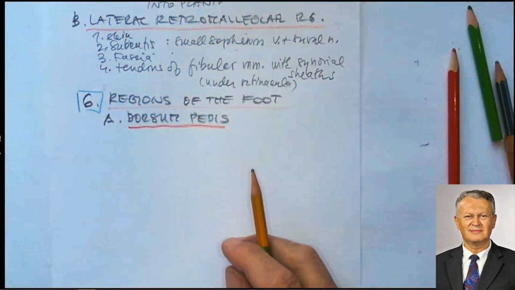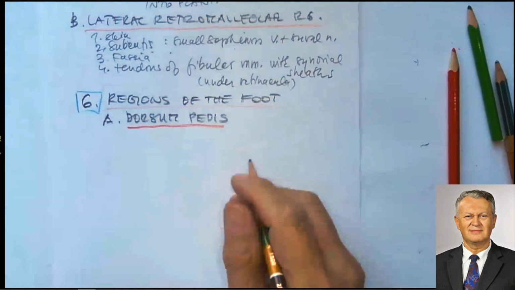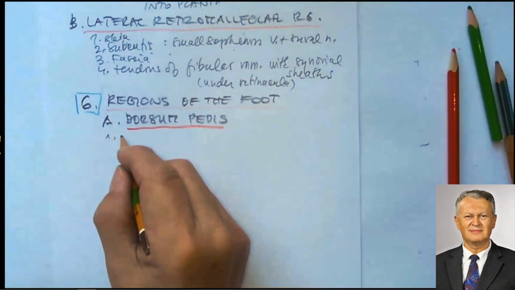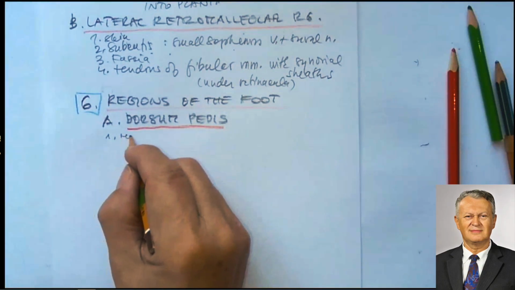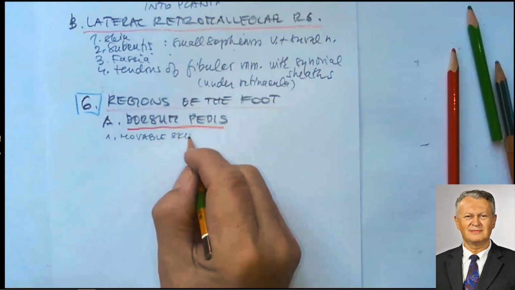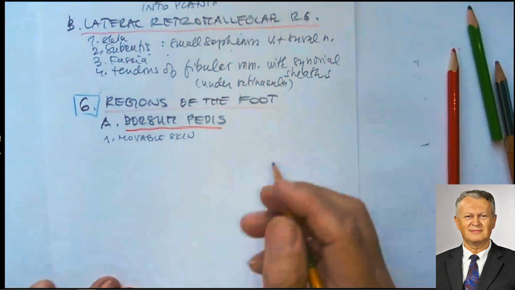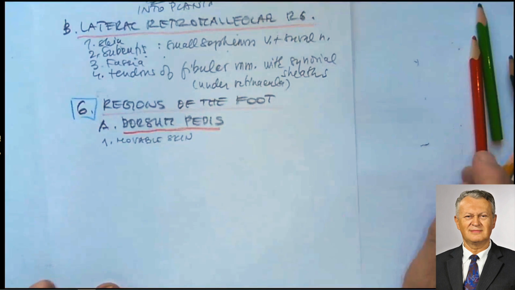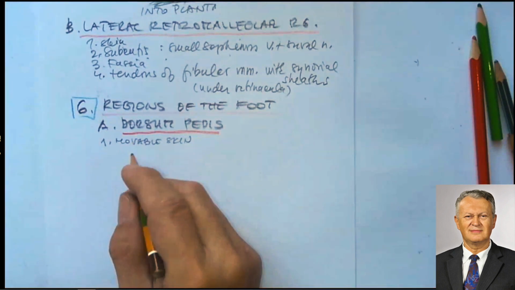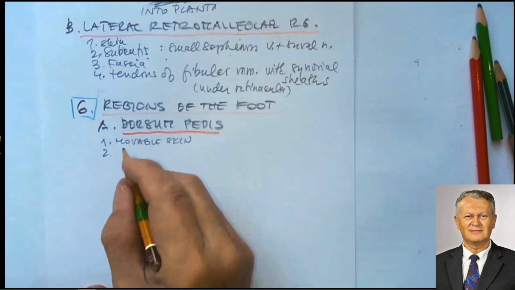Quickly, dorsum pedis is the area which has the layers. First, movable skin, because we can also palpate the structures. We can palpate the tendons. We can palpate or see the network of the veins, so that we can see the dorsal venous network.